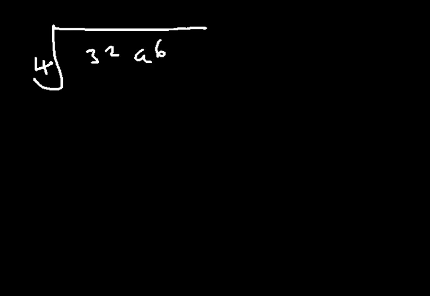And what if we have the following cases, which you have to understand as well. Let's say we have the fourth root of 32 a to the power 6 times b to the power 5, divided by c to the power 8.